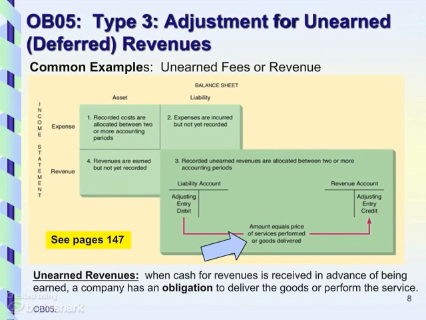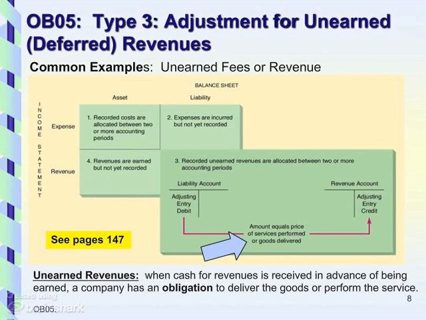Let's shift gears and look at a Type 3 adjustment for unearned or deferred revenues. As we've learned in the past, unearned revenues are a liability. Unearned revenues, from a definition standpoint, occur when cash for revenues is received in advance of that revenue being earned.